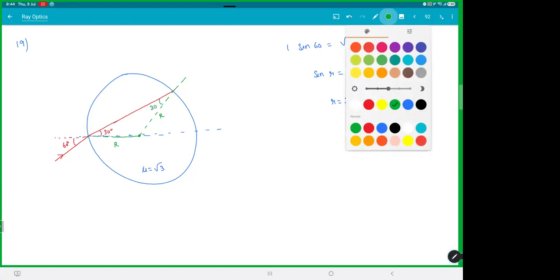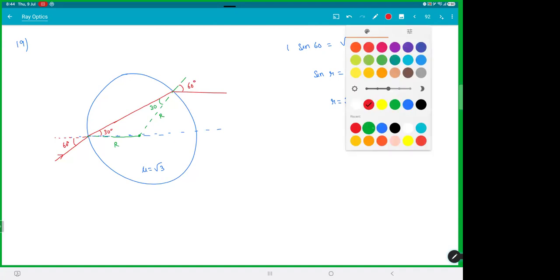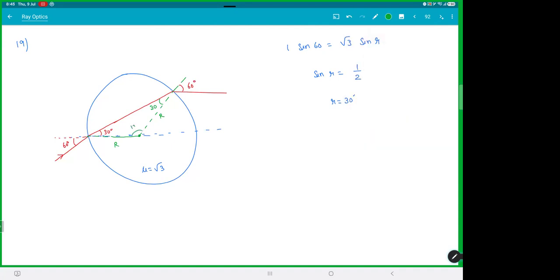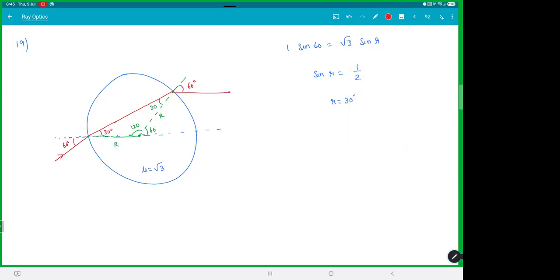If this is 30 degrees, you again get this would be 60 degrees. And this would be 120 and this is 60. So it becomes horizontal, because this is 60, this is 60. That means this is parallel to this base. And that is how the light ray will look.